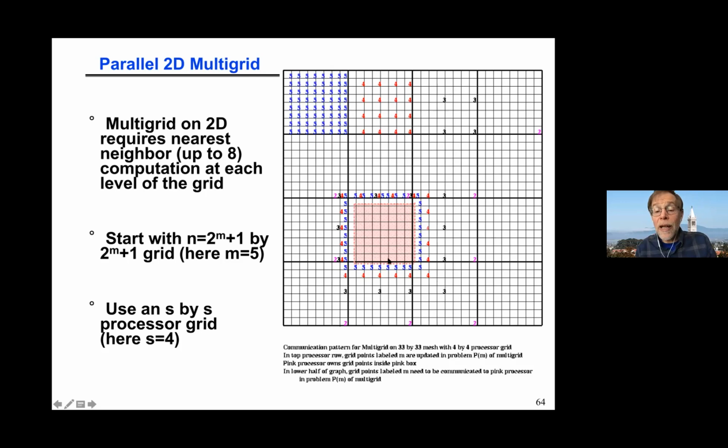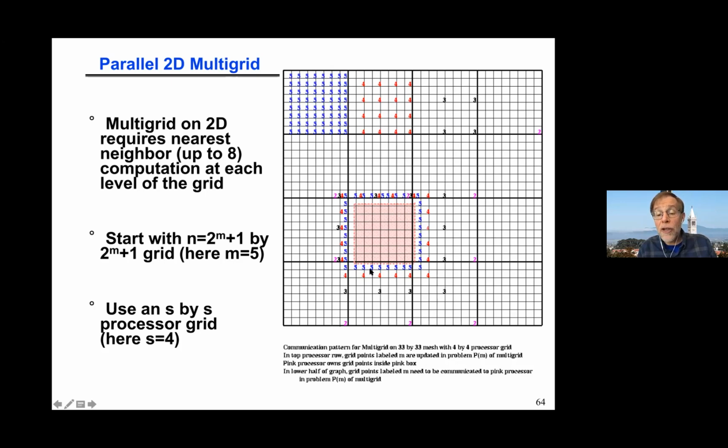So let's look at what this pink processor needs to do at every step in order to update itself. When it's working on the finest mesh, it needs to average with its nearest neighbors. And if I'm at this point here, my nearest neighbors are all local, so there's no communication. And no surprise, if I'm on the boundary, I need to get information from my neighbors. So to update that point, I need the points labeled 5 there, and then the ones I own locally.